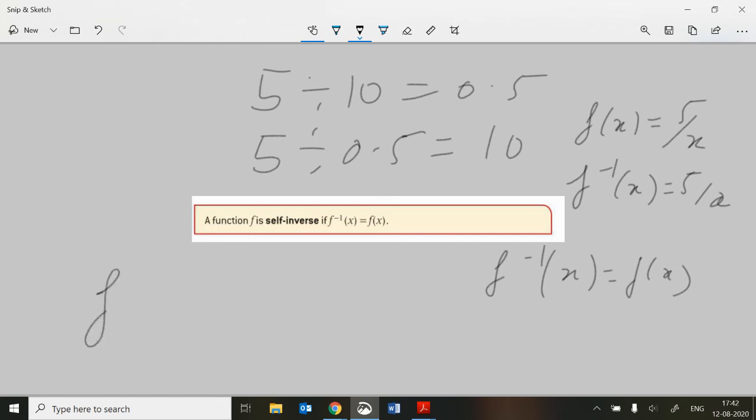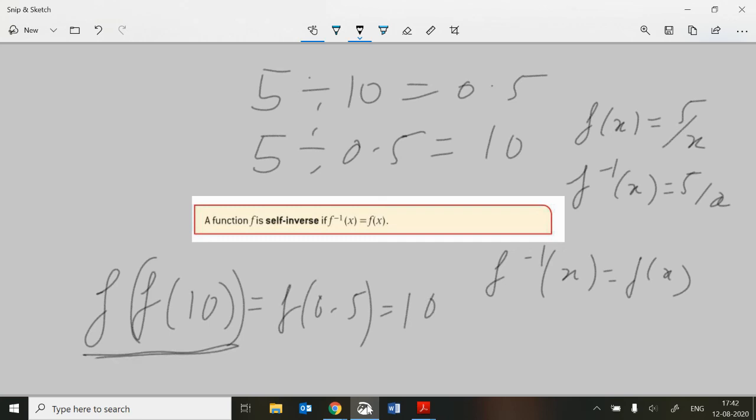So what am I doing there actually? I'm doing f of, in this case, 10. f of 10 gave us out 0.5 and f of 0.5 gives us out 10. So we didn't need to use a different inverse function here. We're just using the same function again because it's a self-inverse.